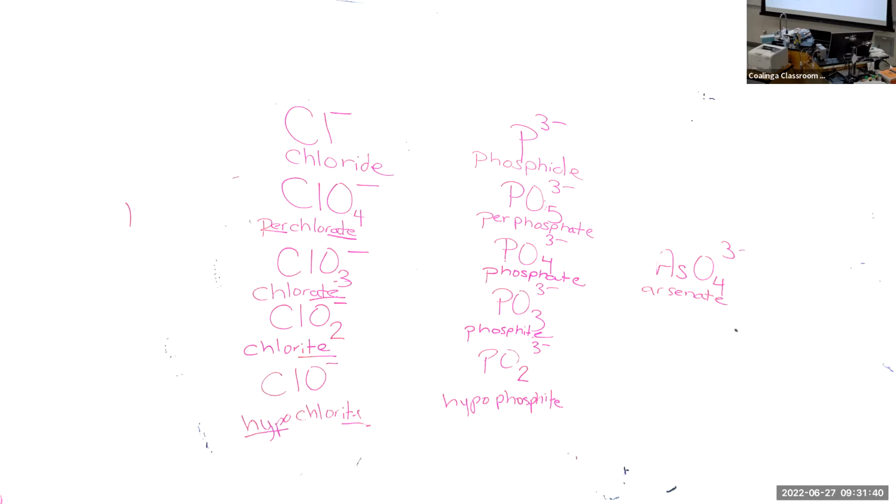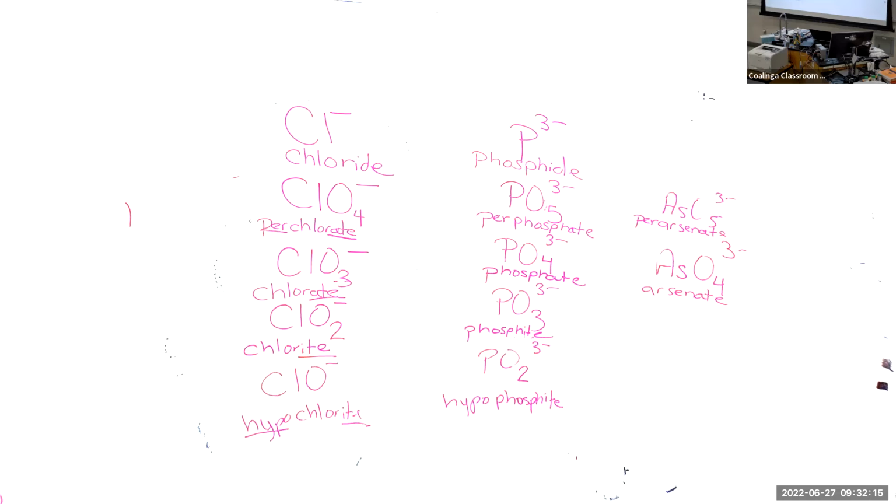Okay, so then I would assume AsO5, 3 minus, is going to be perarsenate. Okay, because I have one more oxygen, it's going to be per, right?